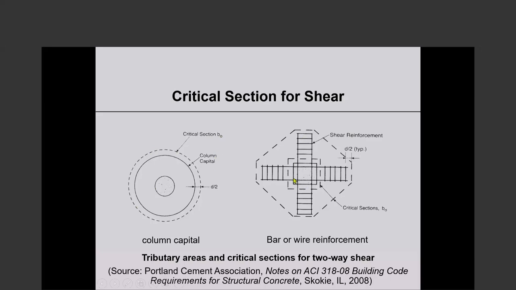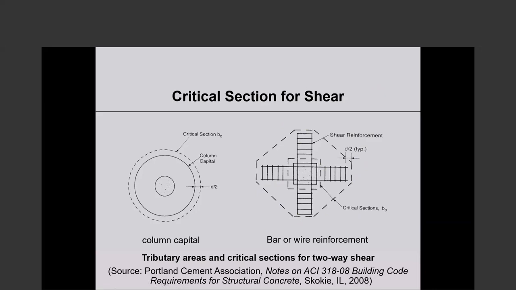Here, what you see is this is the column, and then there is shear reinforcement. That is shear reinforcement. Okay, this is longitudinal reinforcement in the slab. And because shear is high, we have provided shear reinforcement. There is a first critical section around the column itself, and then there is a second critical section around where the shear reinforcement has been discontinued. As you move away from the column, the slab shear decreases.